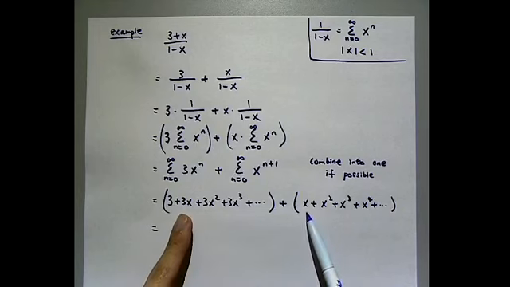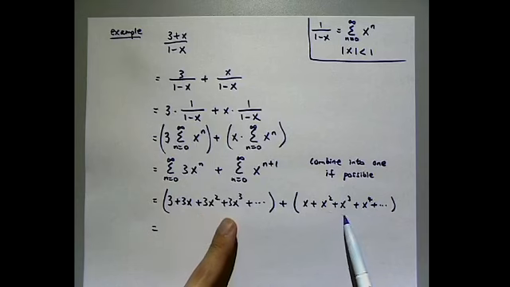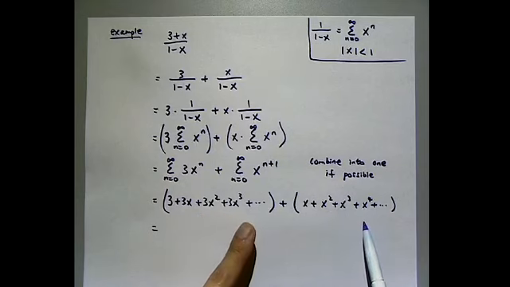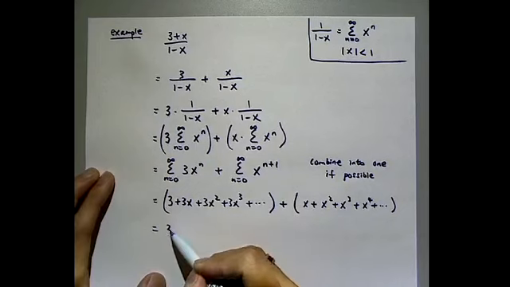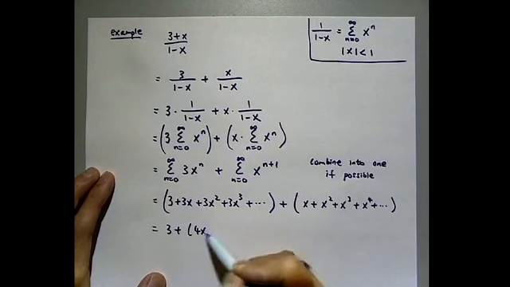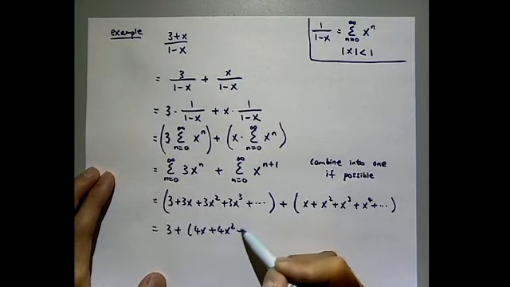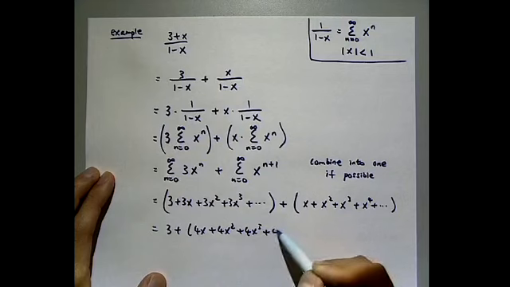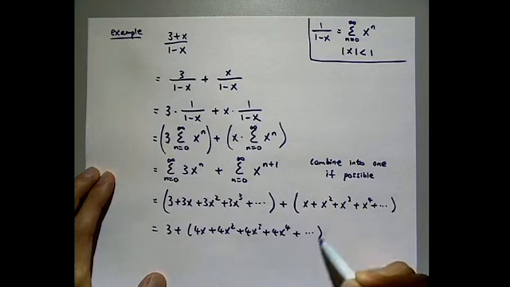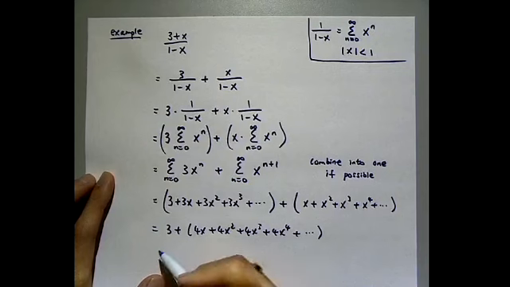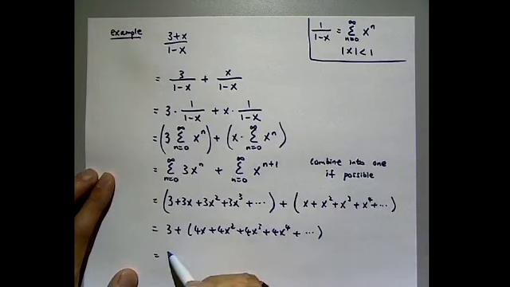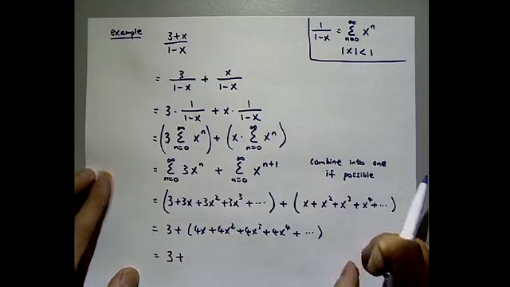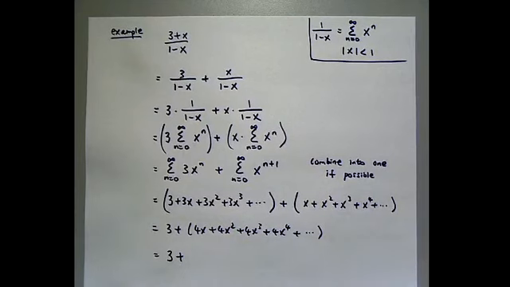There is a 4x squared, 4x cubed, 4x to the fourth, right? Do you see that? Plus so on and so on. So this is 3 plus 4x squared, 4x cubed plus 4x to the fourth, and so on, right? Now the 3 we can't do anything about, but this we can write as a summation. And how would you write that in a sigma notation?